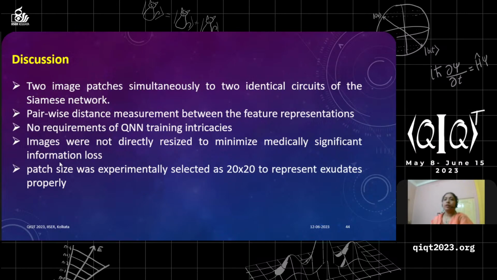We did not resize the images directly, to minimize medically insignificant information loss. Patch sizes were experimentally selected as 20 cross 20, as further reduced patch sizes are not supposed to cover the exudate symptoms properly.